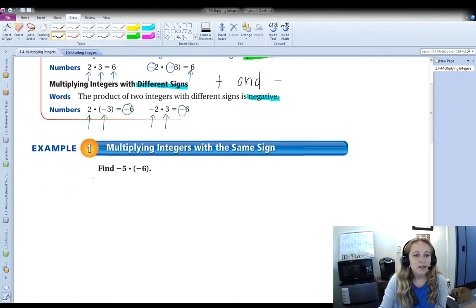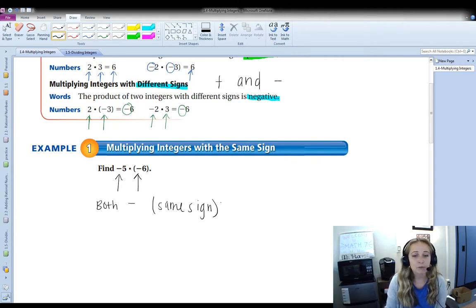So let's get started. Example 1, multiplying integers with the same signs. The first thing I'd like you to do when you're doing 1.4 problems is identify: are both of the numbers positive? Are they both negative? Or do they have different signs? Right here I can tell they're both negative, which means that they're the same sign.